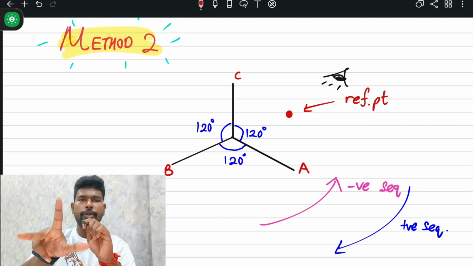If I rotate it anti-clockwise, which is anti-clockwise to me, hold your hand like this and try it yourself so you can understand practically how the shift of angle works in a three-phase system. If you rotate it anti-clockwise, A will come first, followed by B, followed by C.